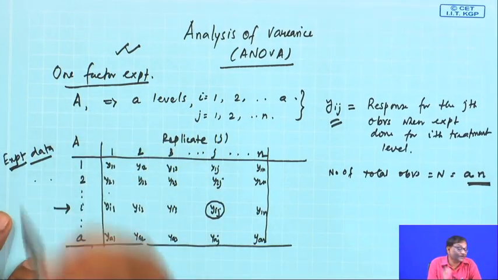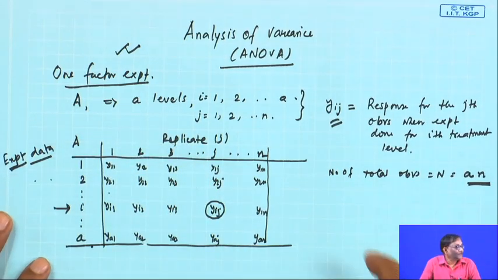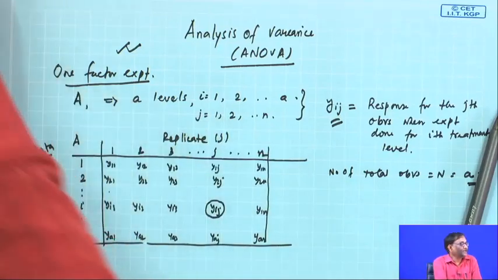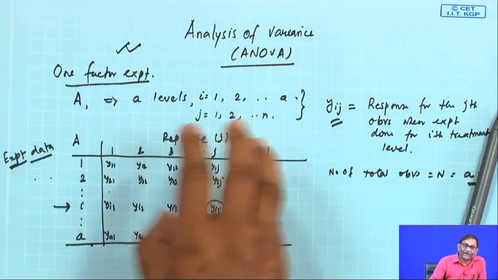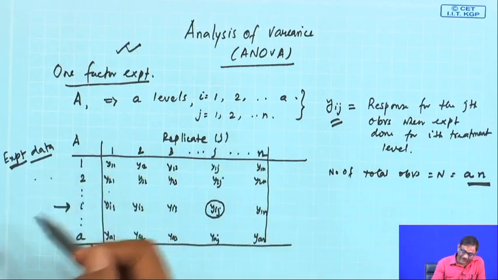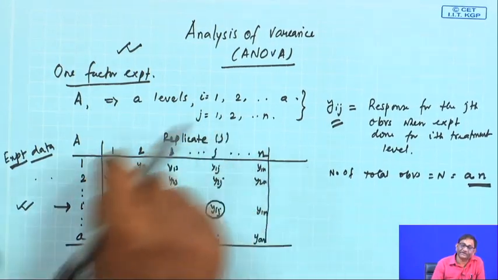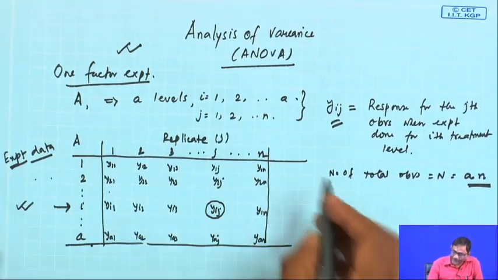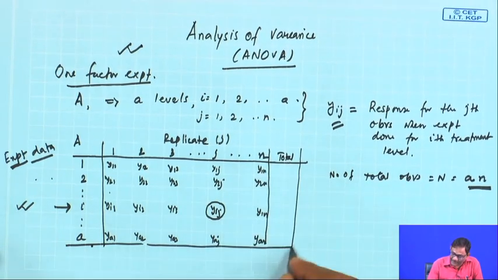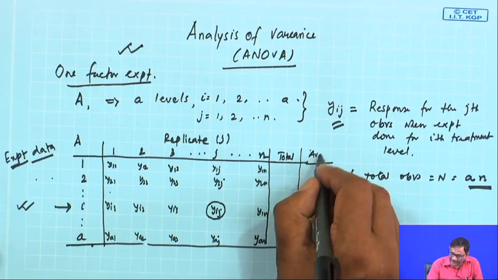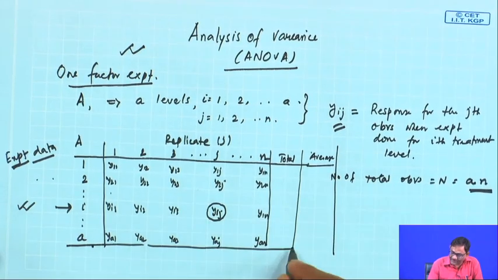Now, one factor experimental data: let us see the slides. You see this is the data representation for one factor experiment. You may be interested in the total here, and in the average across each level.